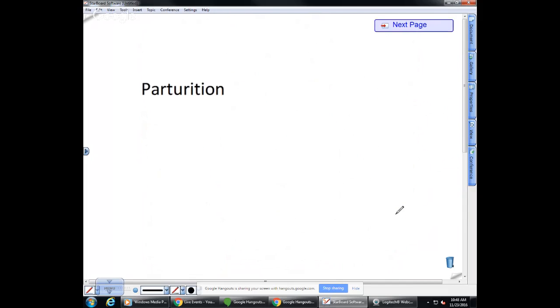Okay. So let's look at birth. The process of giving birth is actually called parturition. Parturition, right? So this would be labor. And I want to talk about how hormonally labor is initiated, right?